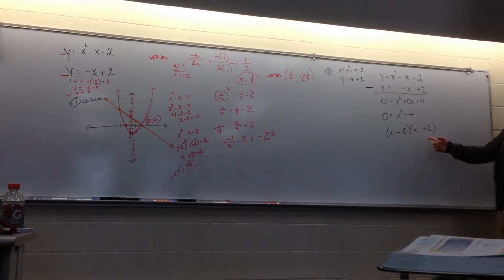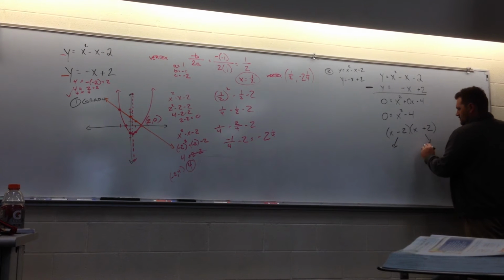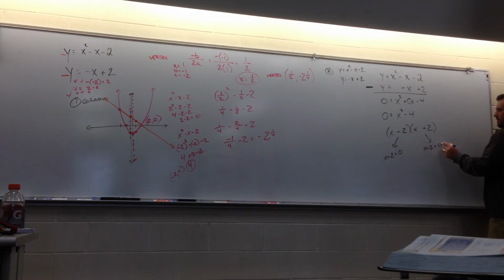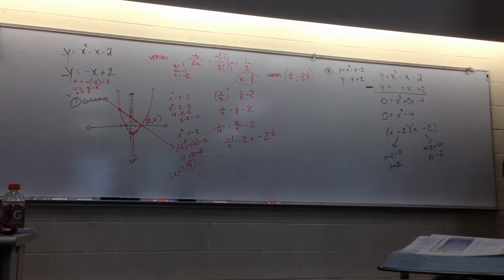Okay? What do I do once I factor it? I say x minus 2 equals 0, x plus 2 equals 0, or x equals negative 2, and x equals positive 2.